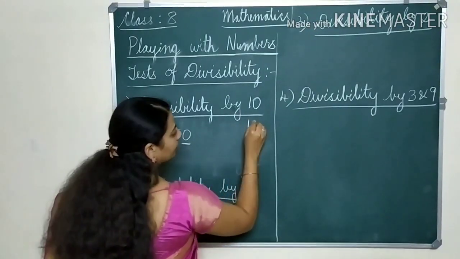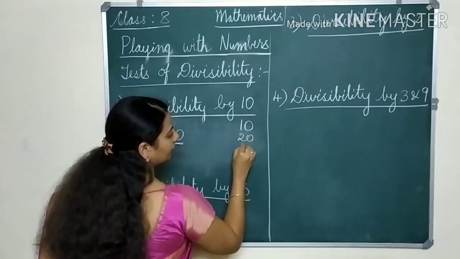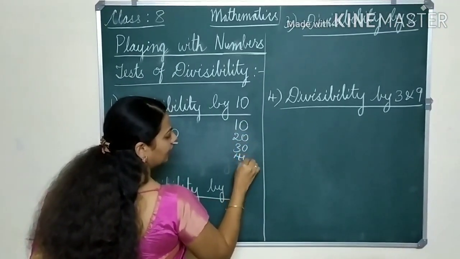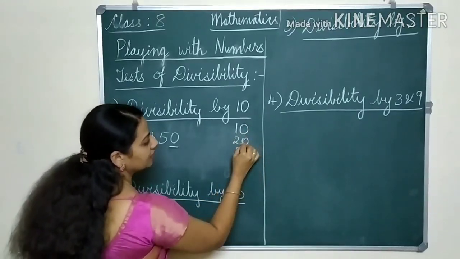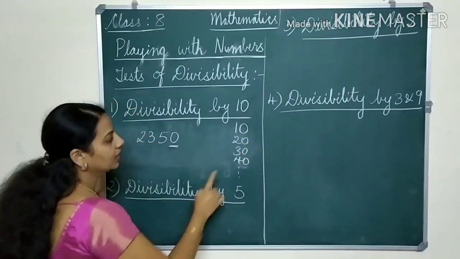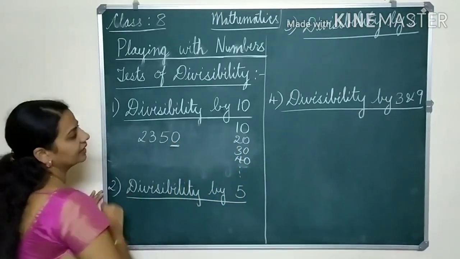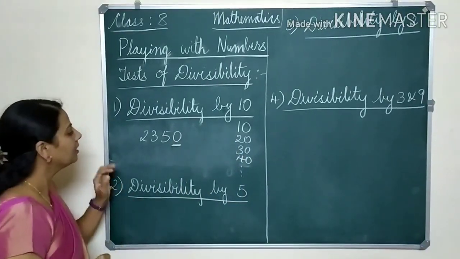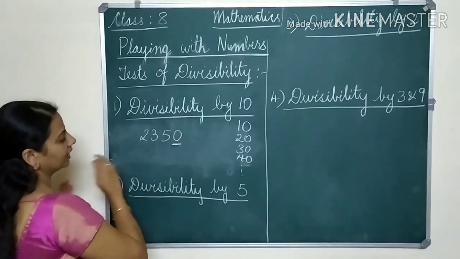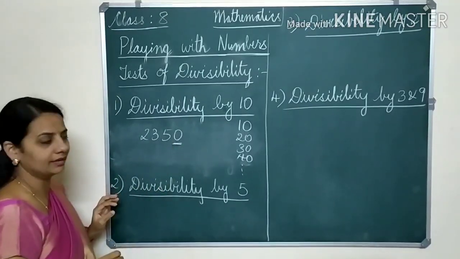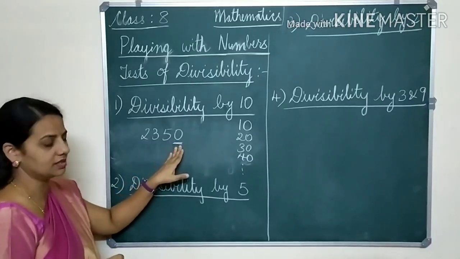Remember children, do you know the multiples of 10? 10, 20, 30, 40, it goes on. In all these cases, the last digit is 0. Only then we can say that it is divisible by 10. So by just looking at the last digit, you can tell that it is divisible by 10.